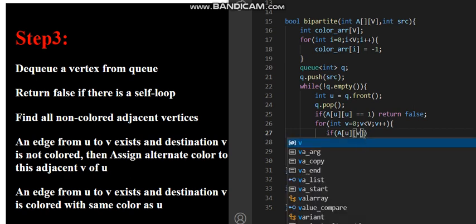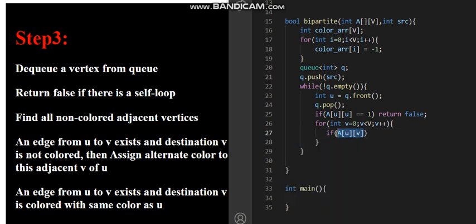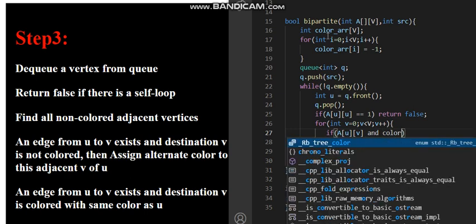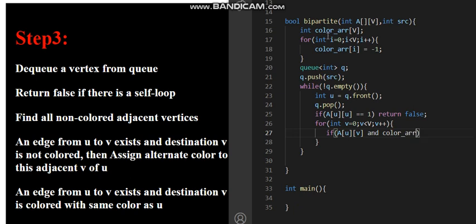So if it has 1, meaning the adjacency matrix has the value A of u of v as 1, then we can say there is an edge, and we also have to check whether it is uncolored or not. So we took the color array. If the element in the color array is -1, it means uncolored, right?